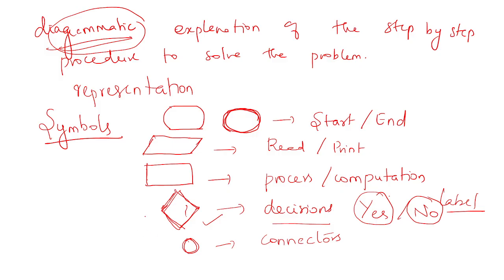In such cases, you can have a circle here, appropriately label it, and somewhere else you can start it like this. It means that the flow you terminated here is starting here. This small circle symbol is called a connector.